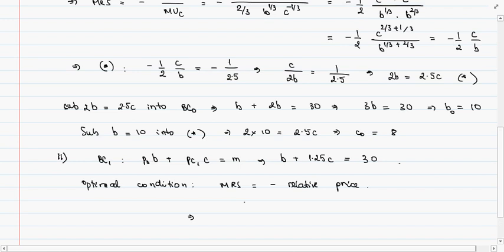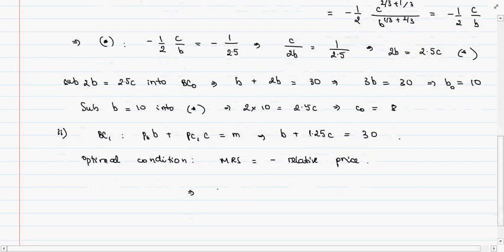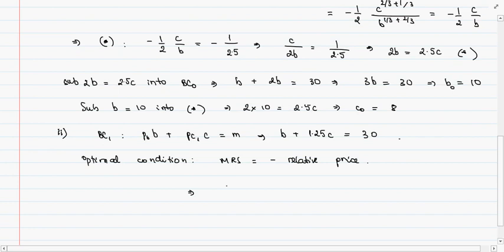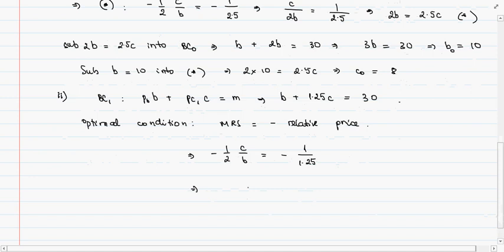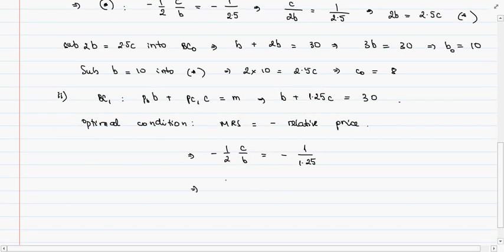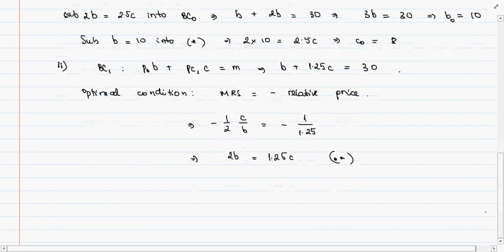So long as your utility function remains the same, marginal rate of substitution is the same, which is equal to a half of C on B, and the relative price, which is different now, which is PB on PC1, and that is 1.25. So therefore I get rid of a negative sign, and so I got 2B equal to 1.25C. If I do the cross multiplication, I get this. Okay, so this is the double star equation I call.